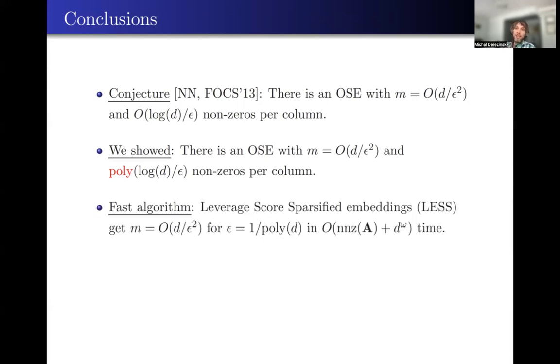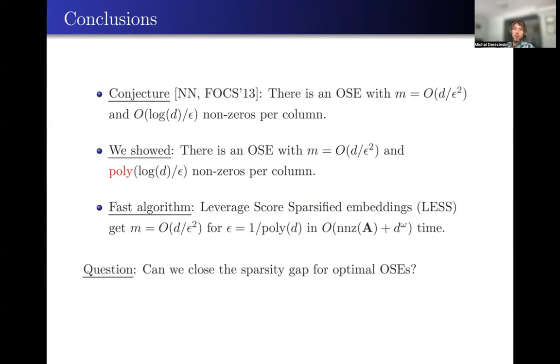We are also able to obtain a fast algorithm out of this, which is based on leverage score sparsified embeddings, which achieves this optimal embedding dimension even with an epsilon that can be polynomially small in d, and still in time that's essentially input sparsity plus matrix multiplication time. So the natural follow-up question is, can we close the sparsity gap for optimal OSEs?